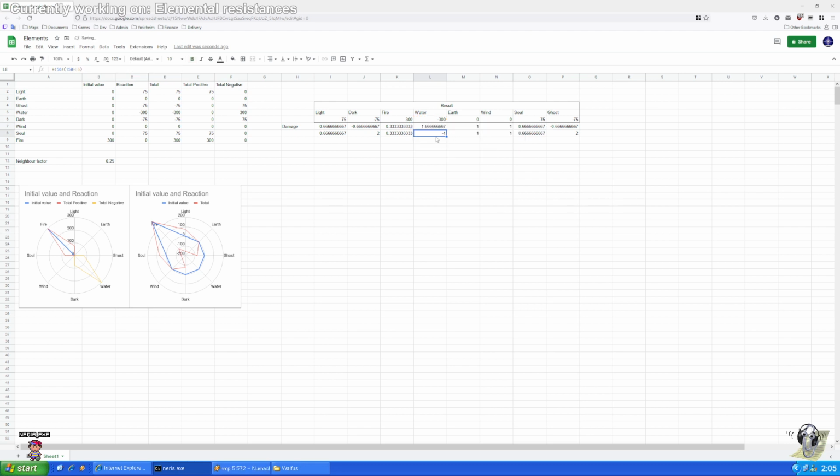Plus 1. Okay, this is a little bit better, but still not what I wanted. So now this should actually work fine. Here it basically removes a third, and here it adds a third. But for this one, it removes 2/3, adds 2/3.